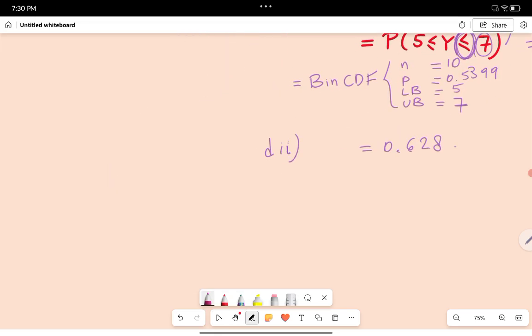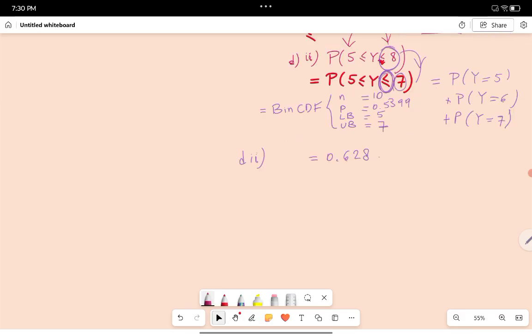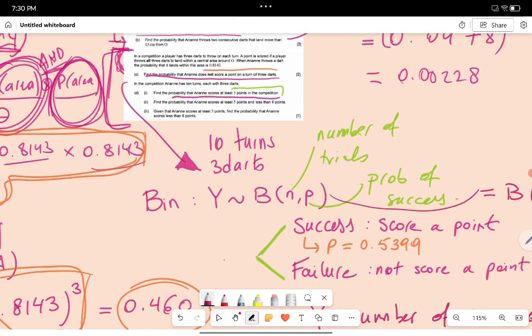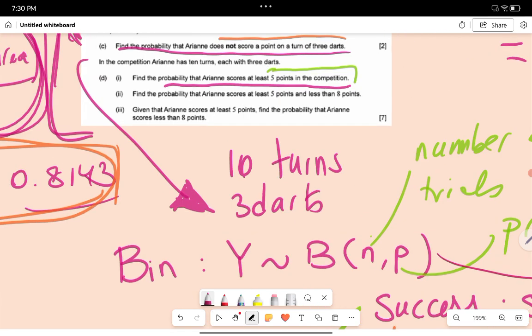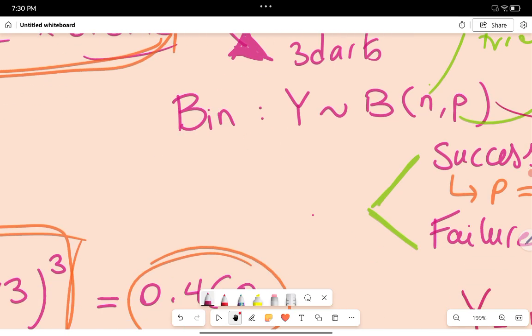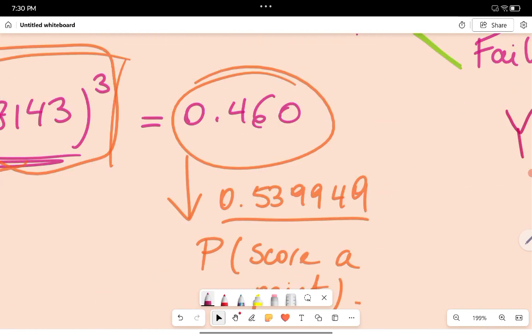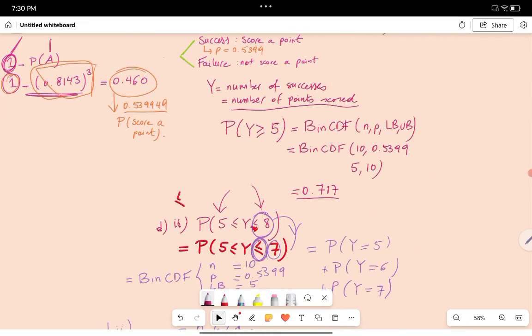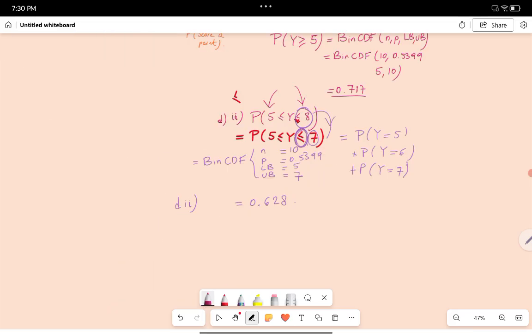They say, given that Ariane scores at least 5 points, find the probability that Ariane scores less than 8 points. Okay, so what are we gonna do? Now be careful, guys. This often happens as the last question in binomial questions.